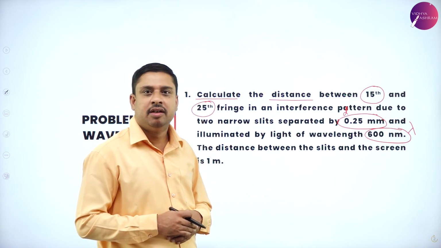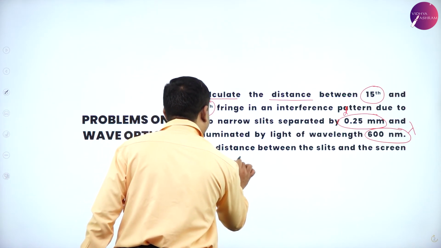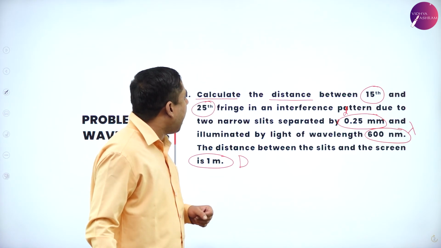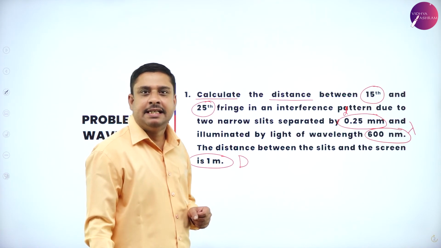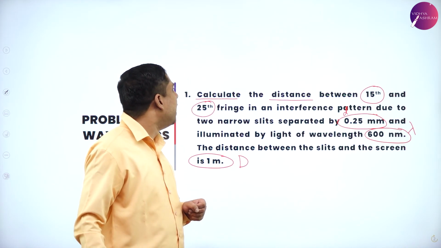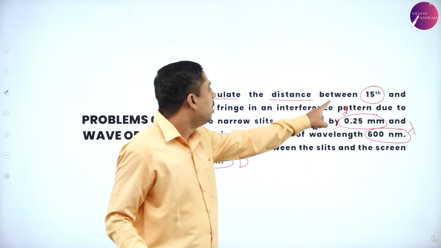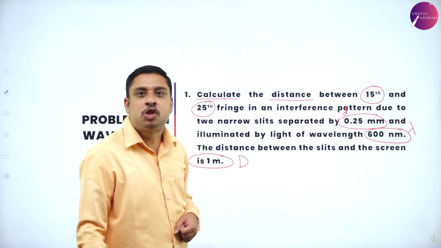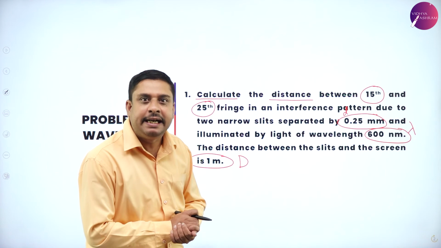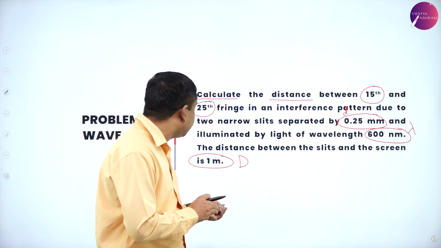The distance between the slits and the screen is 1 meter, which is capital D. So I have to calculate the distance between 15th and 25th bright fringe, given small d is 0.25 millimeters, lambda is 600 nanometers, capital D is 1 meter.